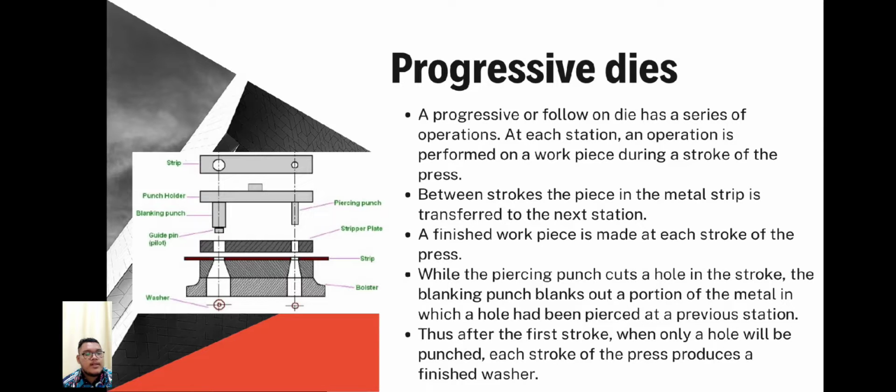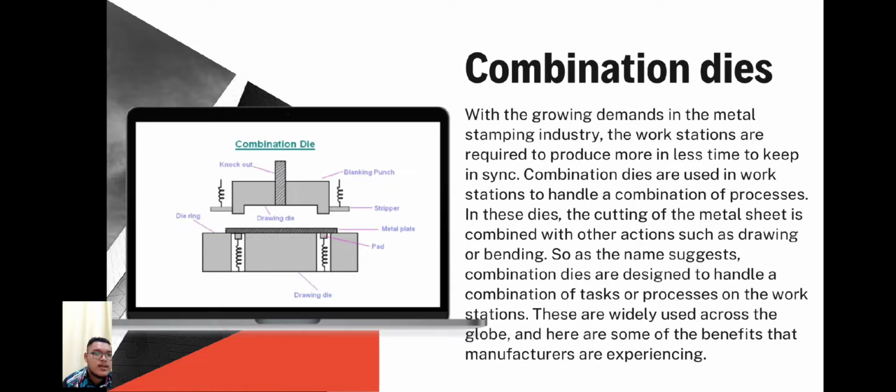And lastly is the combination dies. With the growing demands in the metal stamping industry, the workstations are required to produce more in less time to keep in sync. Combination dies are used in workstations to handle a combination of processes.